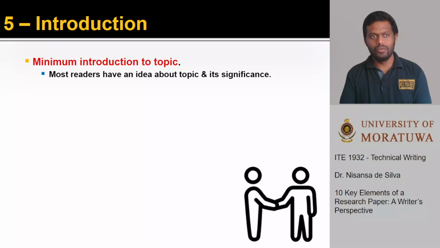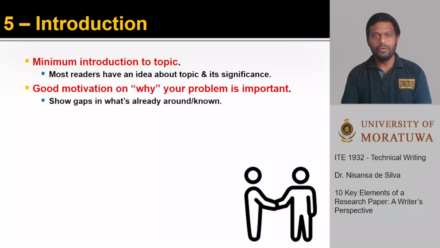So there is no need to give minute details on axioms or very basic ideas that everyone should know. A good motivation on why your problem is important is an important thing to mention. You should show what other people have done and what is missing, and that particular missing thing is what you are filling in your paper.